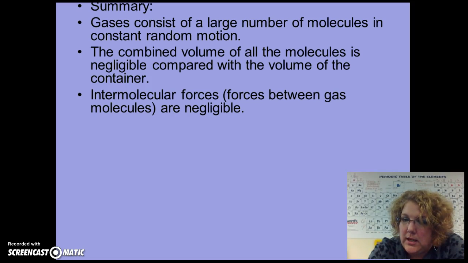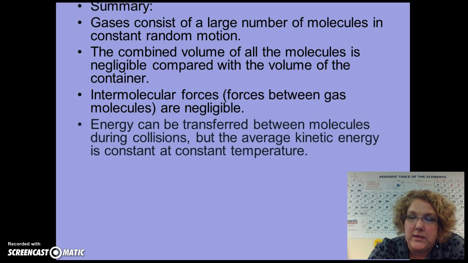So we assume that 21% oxygen that is flying around in the air is ignoring all the other gases and even each other. So we assume the oxygen molecules that are flying around never slow down as they pass each other. They're never attracted to each other because there's so much space between them and they're moving so fast. Now, we also have to realize that energy can be transferred between molecules during collisions.